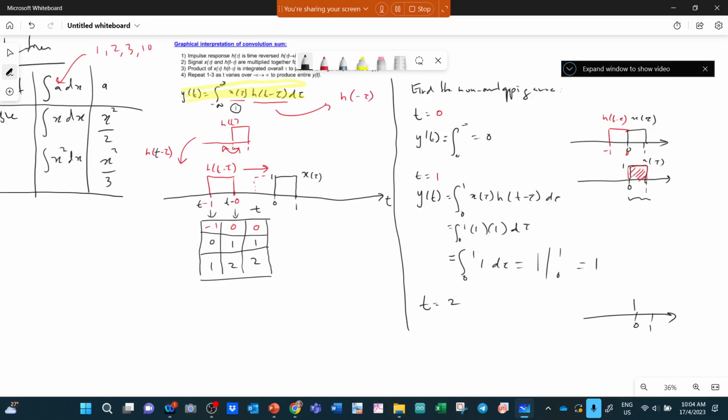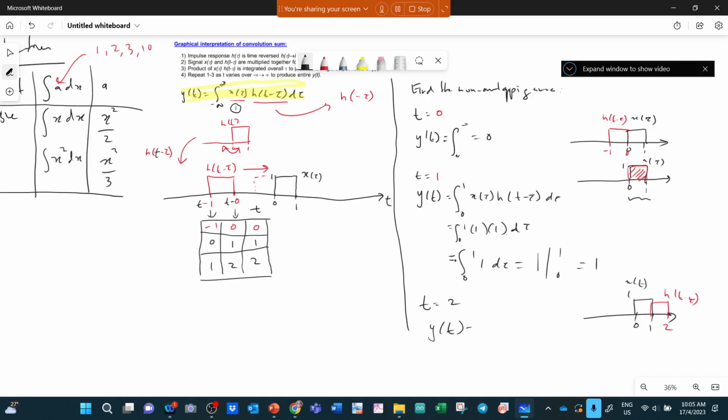0, 1. Okay, 1. And then okay, so it's not overlapping. This one is h t minus tau. This one is x tau. Okay, so we can directly write it out.